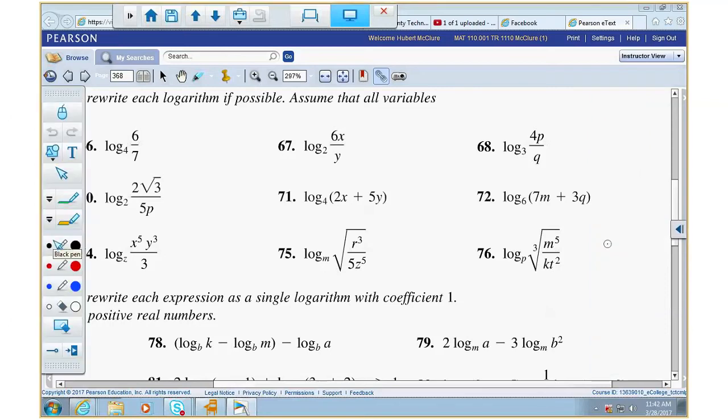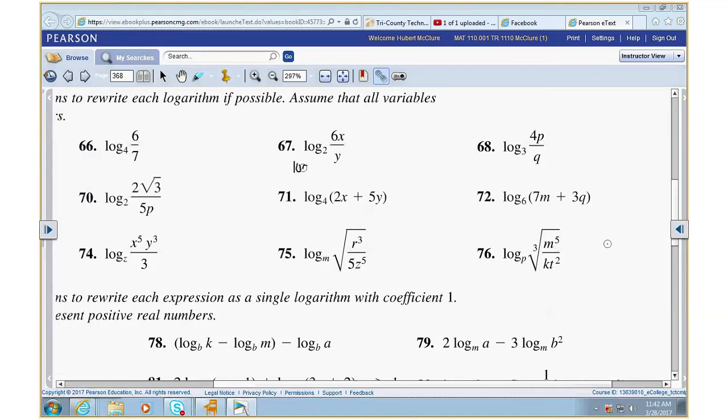So, log base 2 of 6 plus log base 2 of x, and I'm going to put that in parentheses just to show you that that's together, minus log base 2 of y. Now, if you wanted to write that in change-of-base formula, then log of 6 over the log of 2 plus log of x over the log of 2 minus log of y over the log of 2.